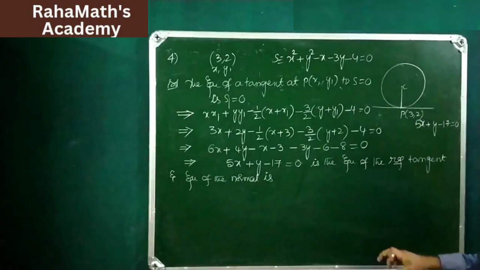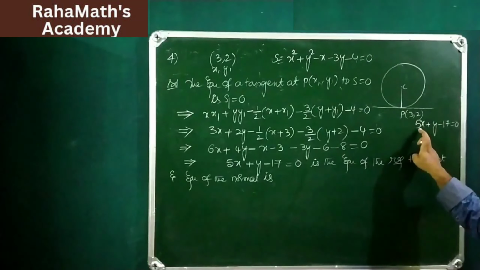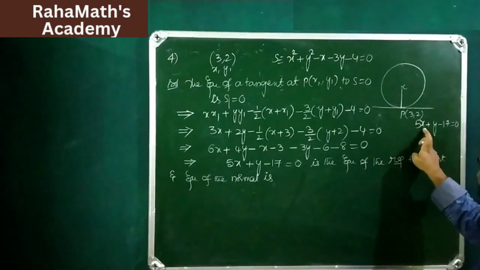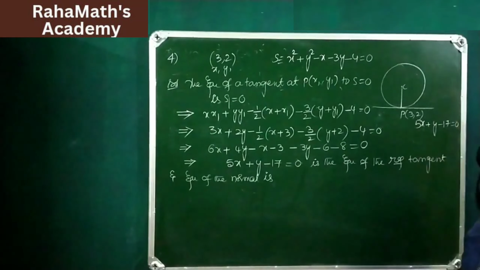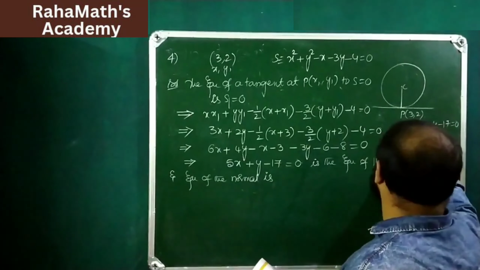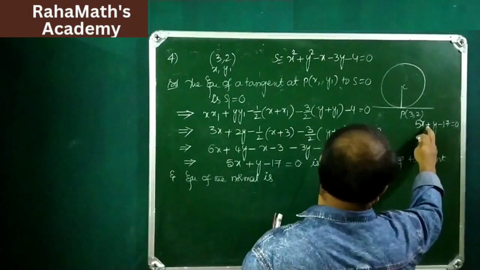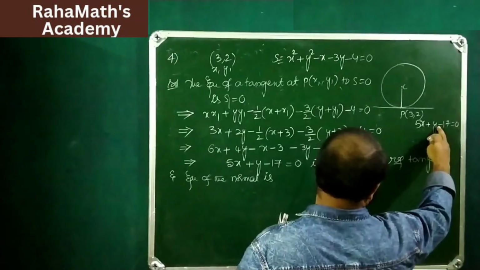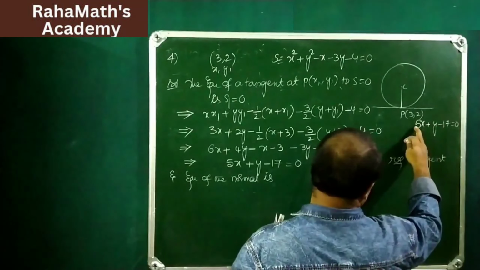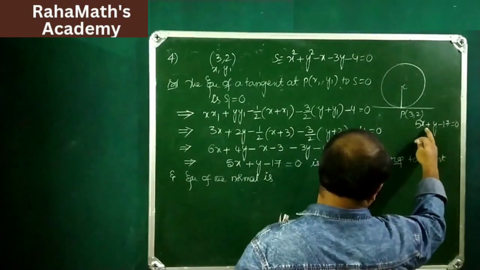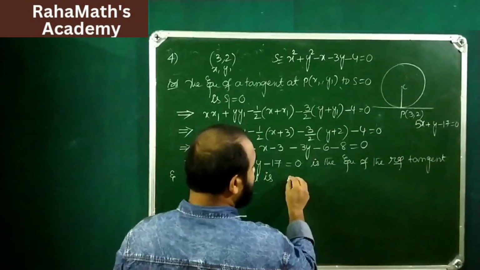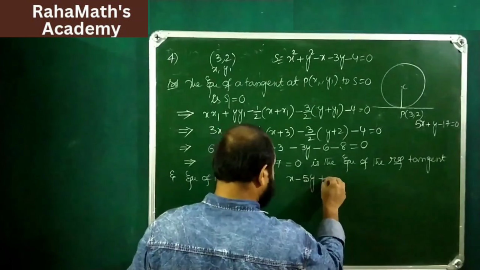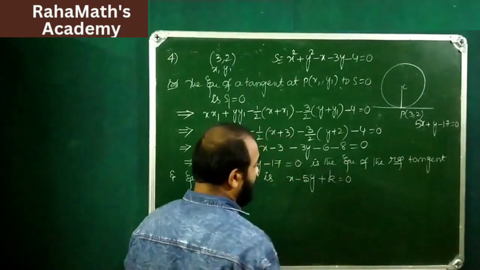The perpendicular of ax plus by plus c equals 0 is bx minus ay plus k equals 0. That means the coefficients are interchanged. So the coefficient of x, 5, is connected to y, and the coefficient of y, 1, is connected to x, and in between plus there is minus. So that means x minus 5y plus k equals 0.